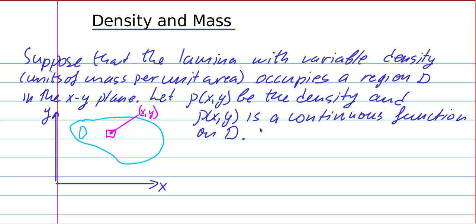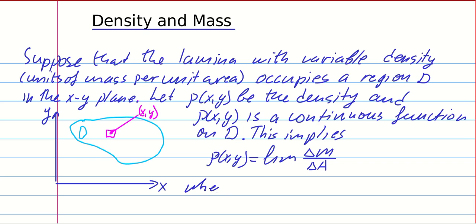This implies that the limit of delta m over delta A is our rho.